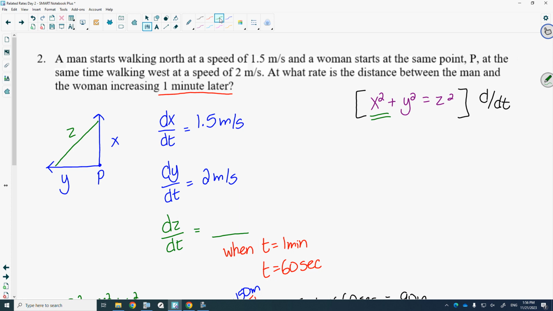And I'm going to get 2x dx/dt plus 2y dy/dt equals 2z dz/dt. Eliminate your 2's because your numbers will be much smaller that you're dealing with.